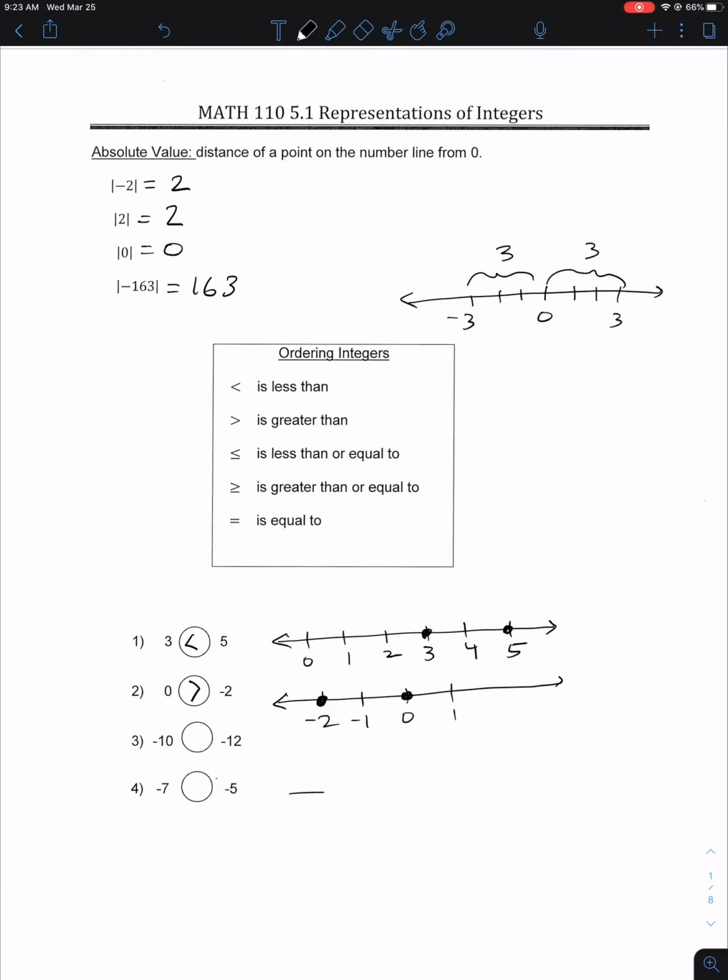Now negative 10 and negative 12. Again, this one can be a tricky one sometimes. There's my negative 12, there's my negative 10. Since negative 10 is to the right of negative 12, negative 10 is greater than negative 12.